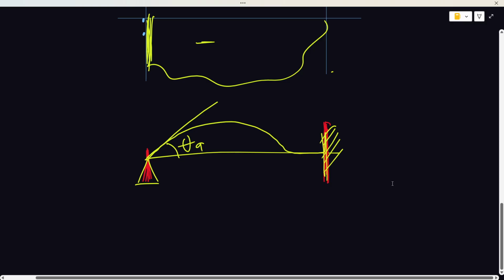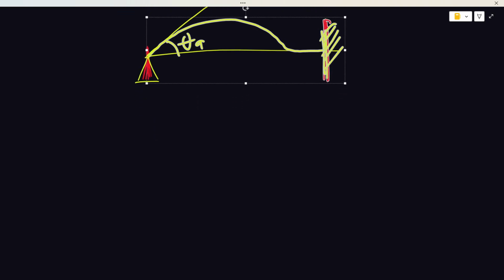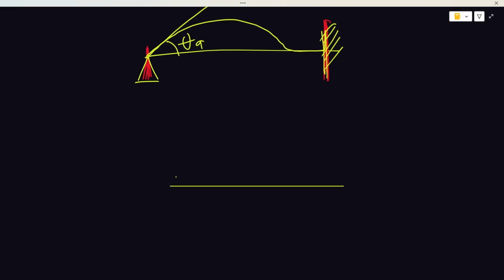So once again, bringing that first scenario down, that it is a hinge, near end is a hinge, and a moment is applied.